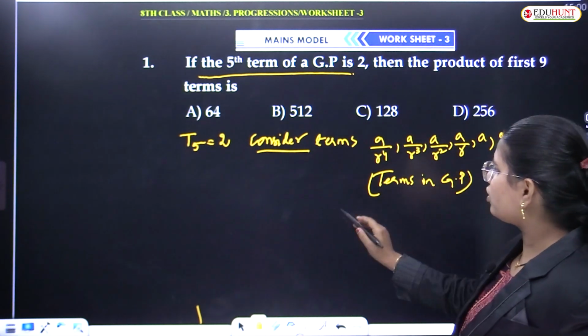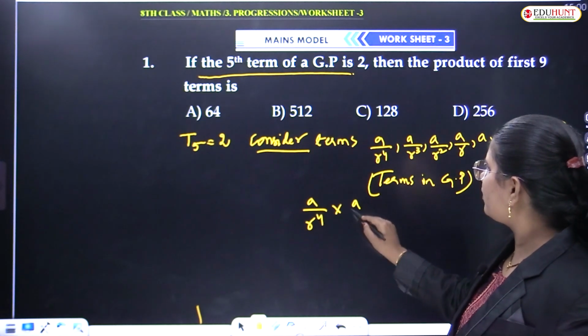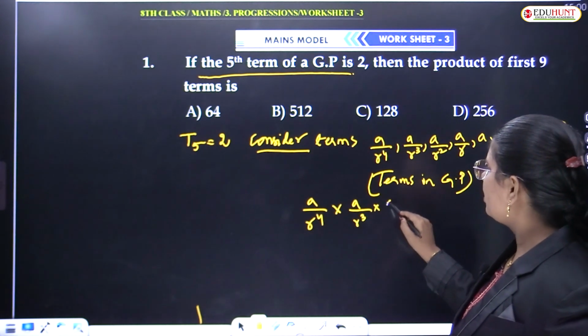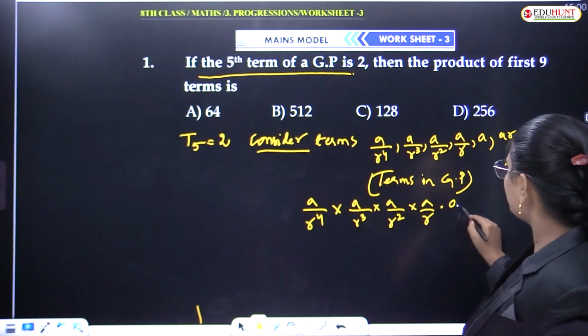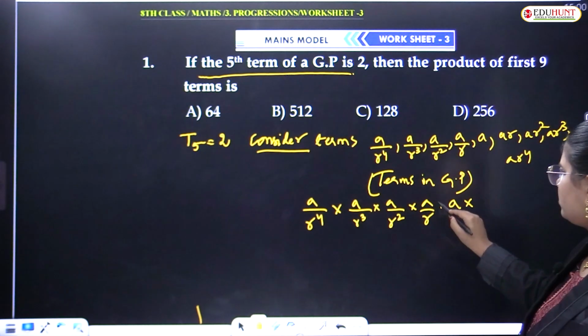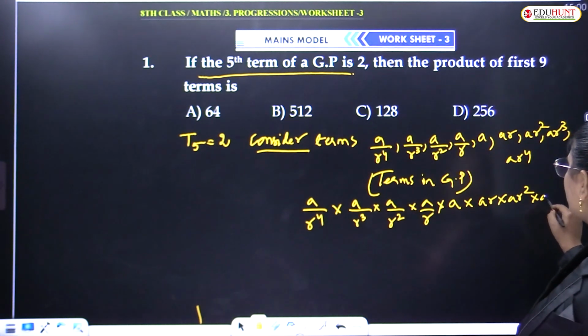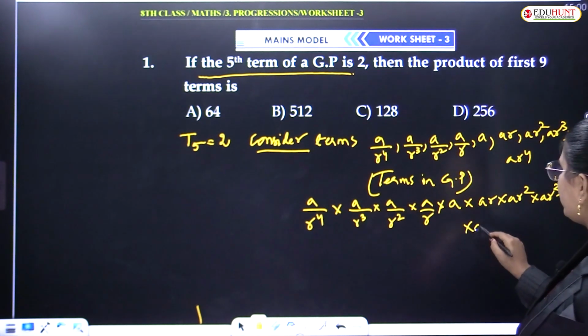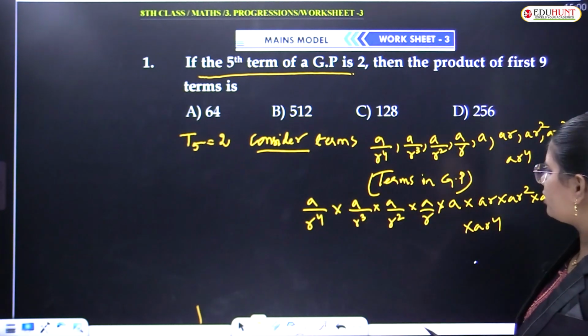So if I take the product of all these values, let's multiply a by r power 4, a by r power 3, a by r power 2, a by r, into a, into ar, into ar square, into ar cube, into ar power 4. So let's multiply all these terms together.